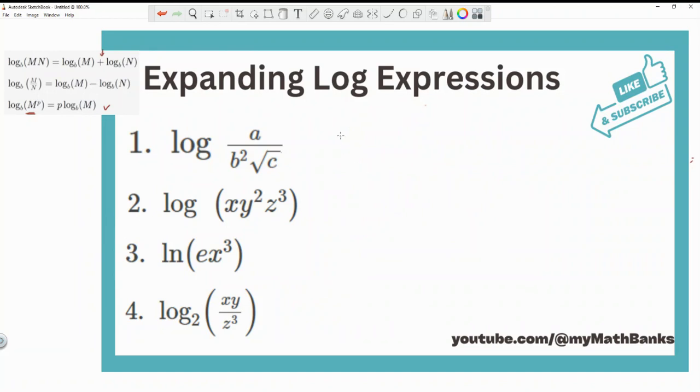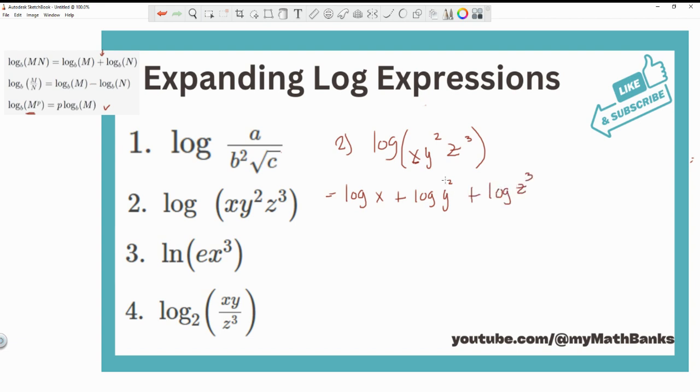Okay, so number two, you have log of x y squared z to the power of 3. Well, none of them is a denominator. They're all numerators basically. So therefore, they should just be separated by a plus sign. So log of x, that's the first one, plus log of y squared plus log of z cubed.